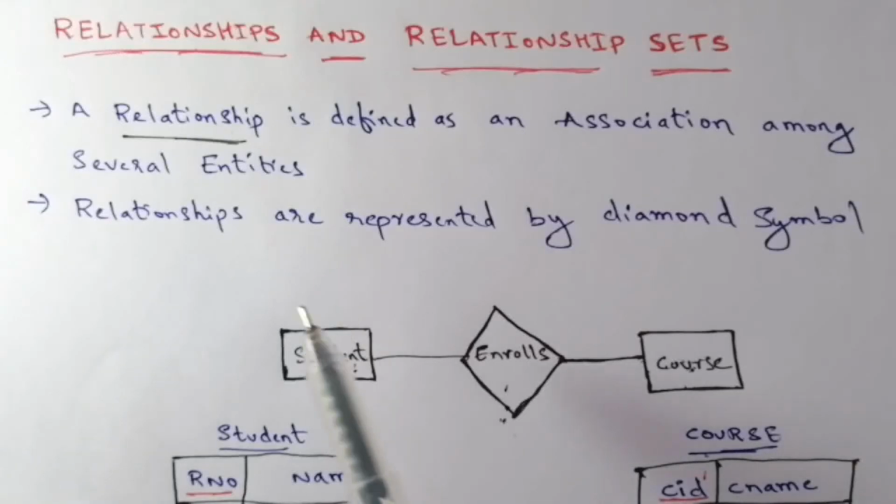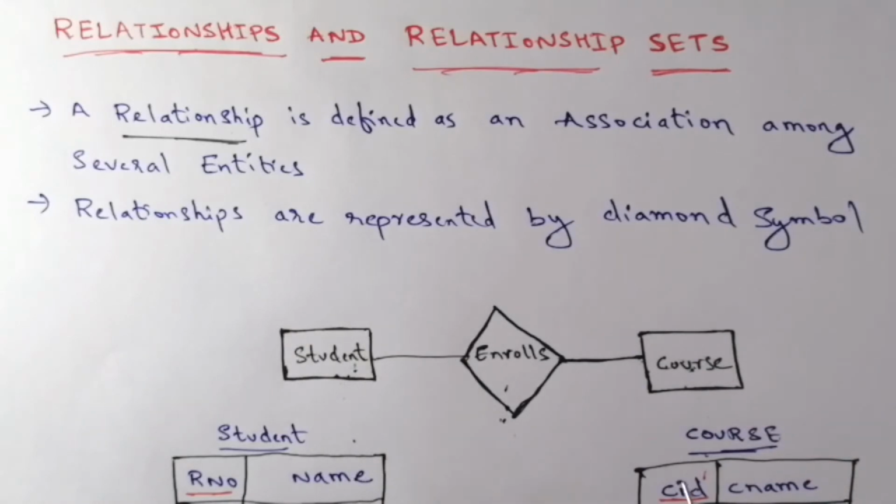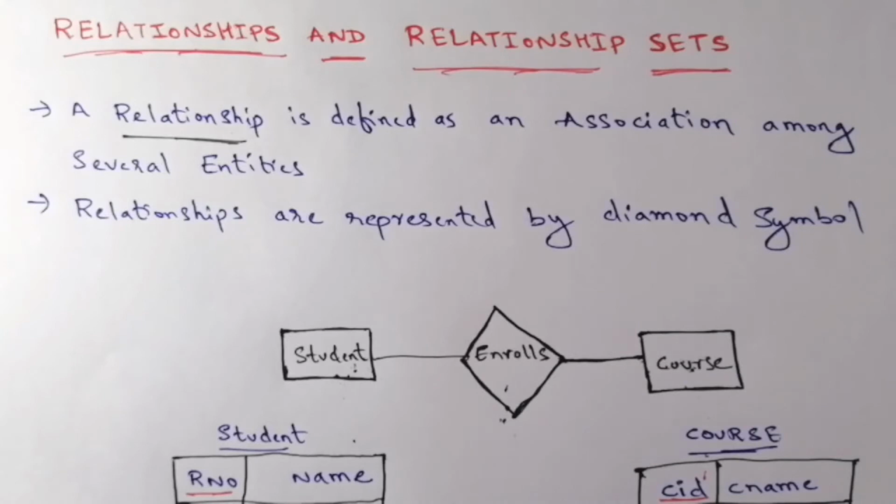So read about the relationship. We have taken an example and studied how to take the attributes for a relationship.